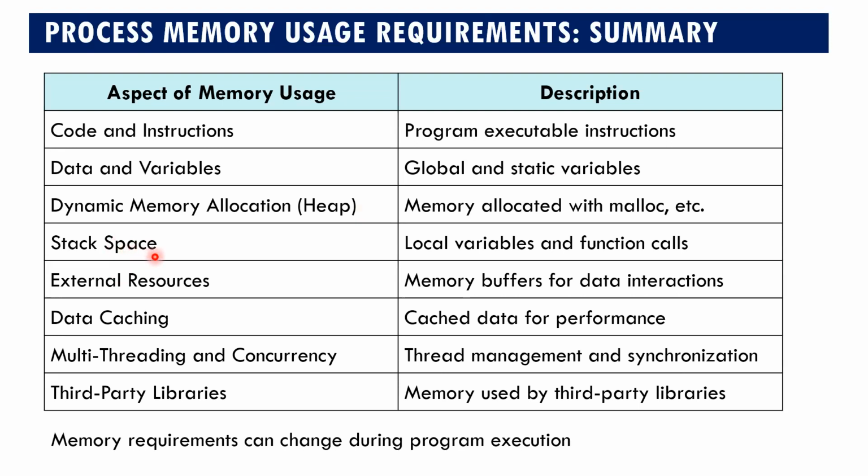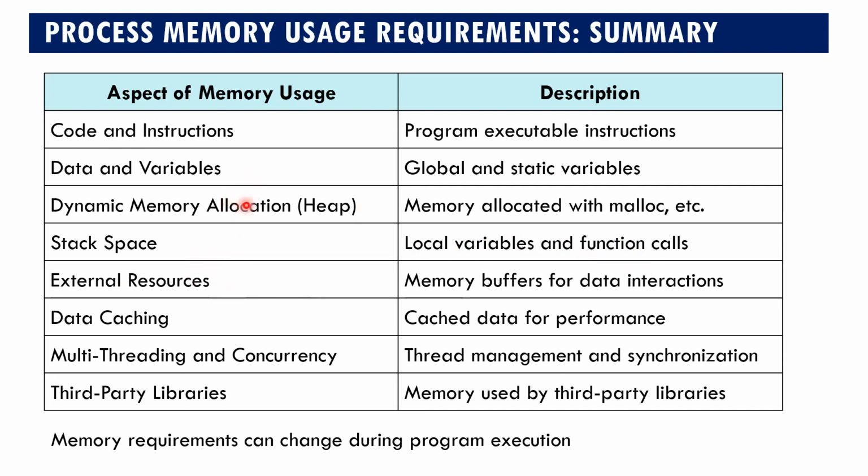And the next one is the stack segment, or stack space, which is required whenever a program includes function calls. In order to save the current context of the caller before the program control switches to the called function, the stack is used. Once the called function is executed, control comes back to the caller function, and it retrieves the context of the function by using this stack.